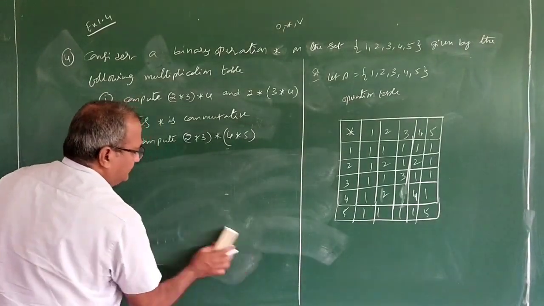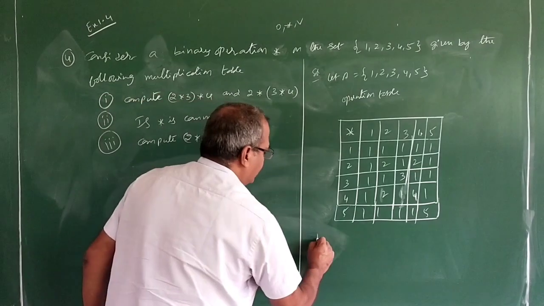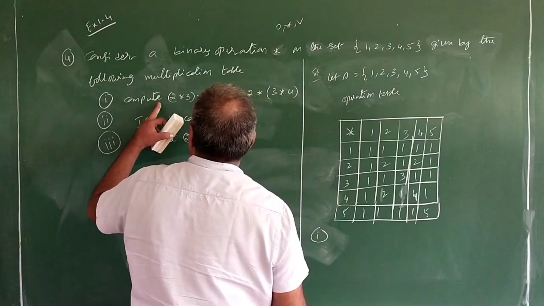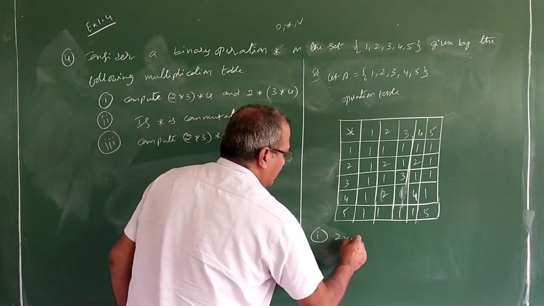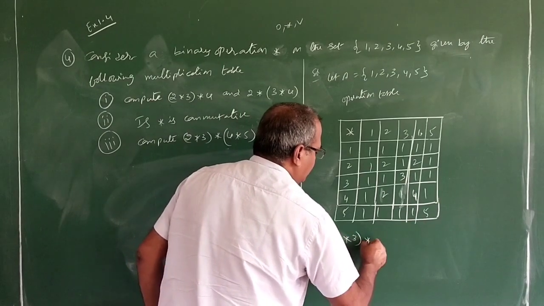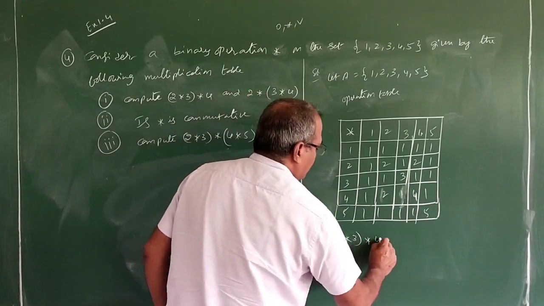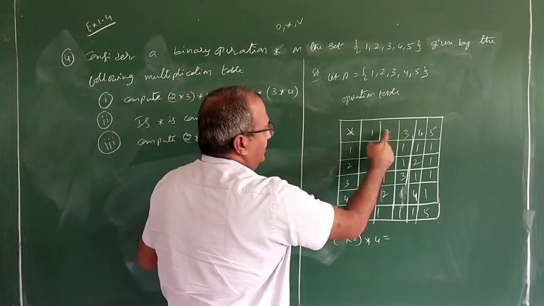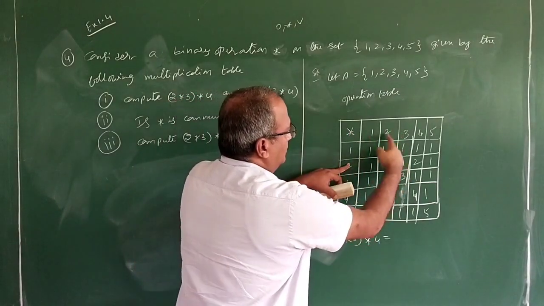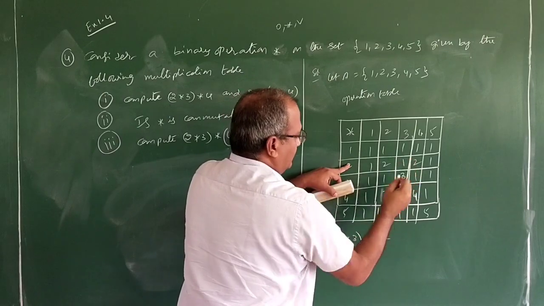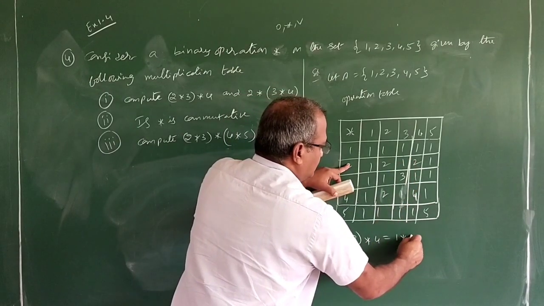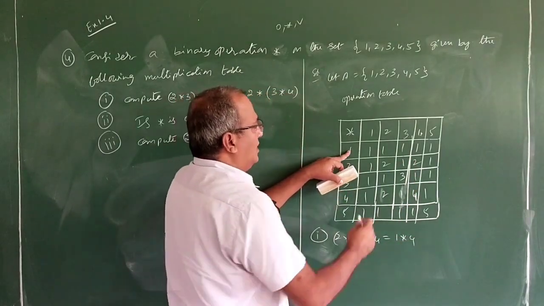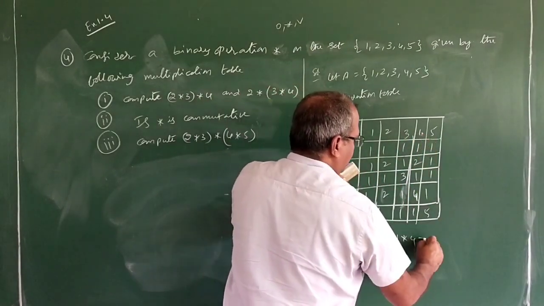First, they are asking to compute, please evaluate (2 star 3) star 4, which is equal to 2 star 3, which is 1, then 1 star 4, which is 1.